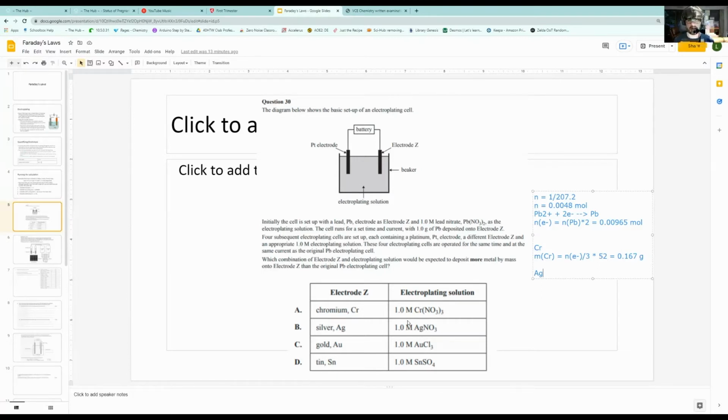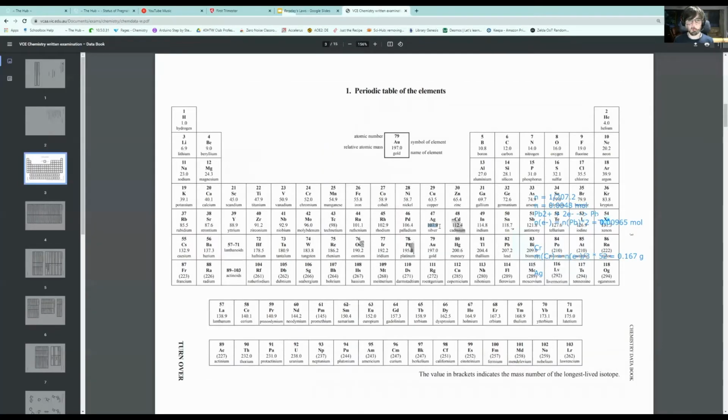Now I'll go through the maths here, but at this stage, we can probably look at the molar mass and have a bit more of a guess. So we've got silver's 107.9, gold is here, and tin is over here. So these would be much more likely than chromium. Now silver is only 1 charge, so for every mole of electrons we'll get 1 mole of silver. So silver's looking pretty good right now.